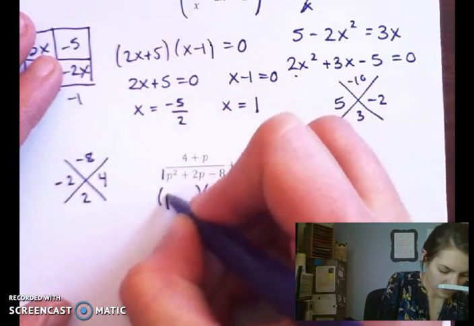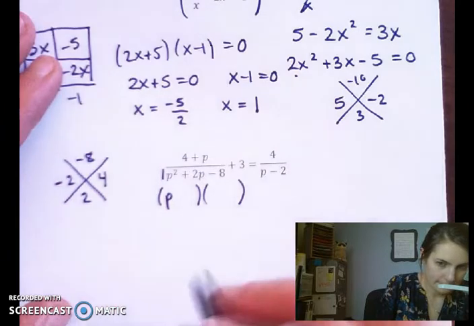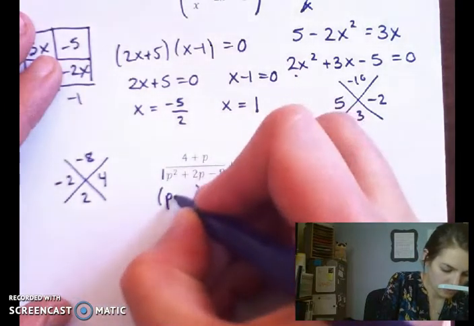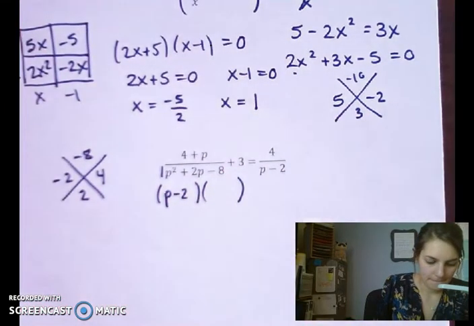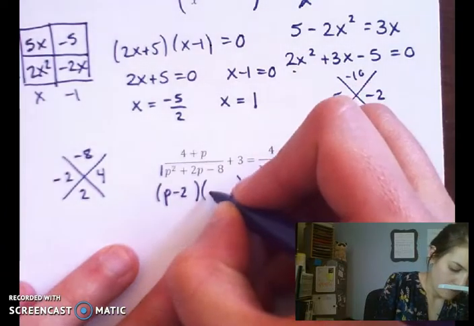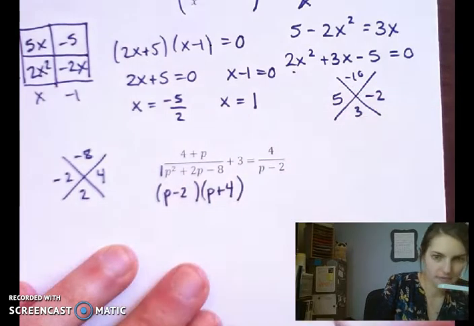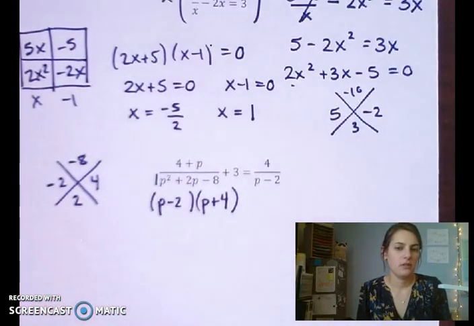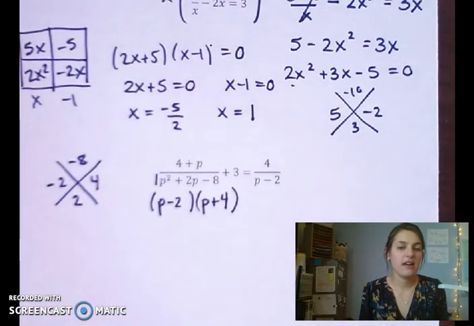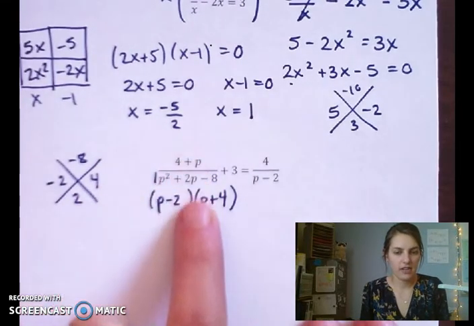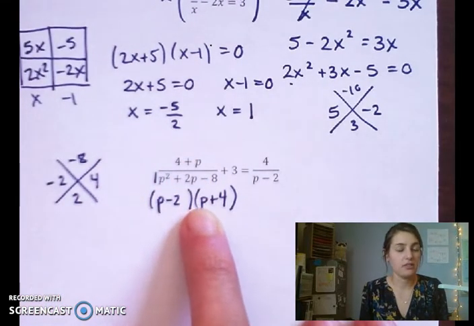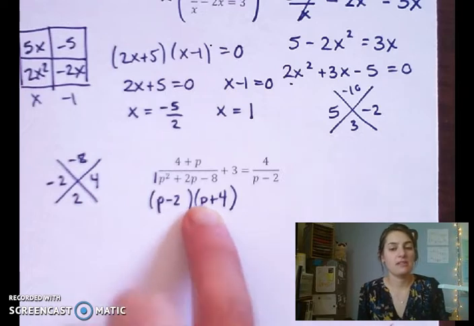So that means my factors are p minus 2 and p plus 4. Which means I can simplify this fraction right here before I even start solving it, which is going to make the solving process much faster.